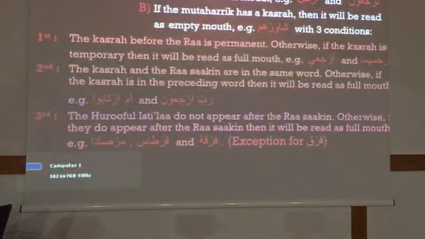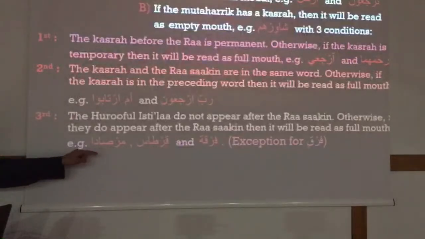So here, all three conditions are met in this word shawirhum. That's why the ra is going to be empty mouth. But if a huruful isti'la appears after ra sakin, then how will the ra sakin be read? Full mouth.